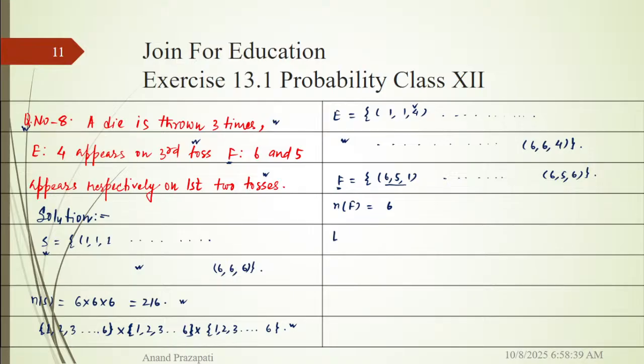Now we find out E intersection F. So here E intersection F will be only 6 5 4.